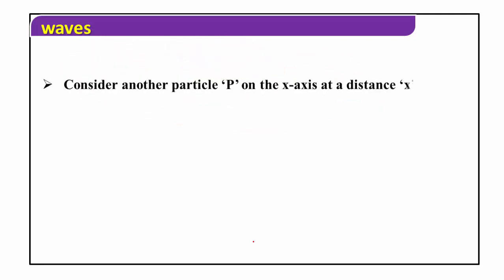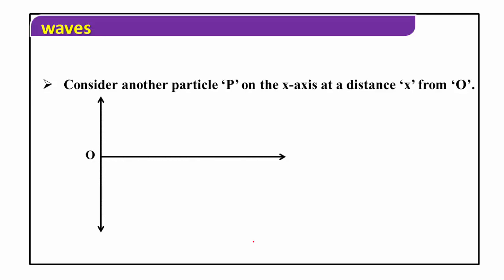Now we consider another particle P on the x-axis at a distance x from O. Amplitude means the maximum displacement of the particle from its mean position.